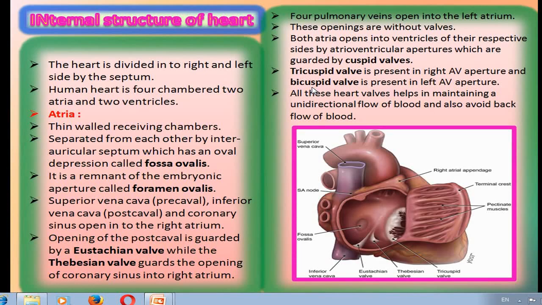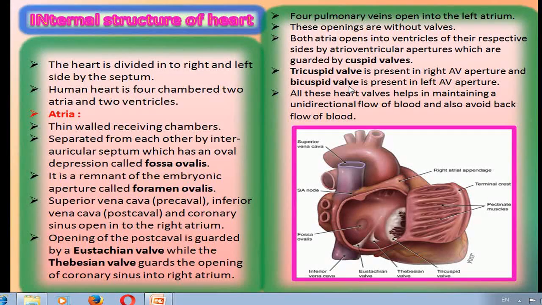Then the second valve is called the bicuspid valve, also called the mitral valve, which contains only two flaps. Hence it is called the bicuspid valve. It opens to allow blood to be pumped from the lungs to the left atrium.